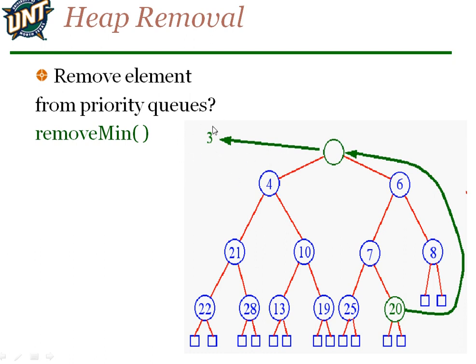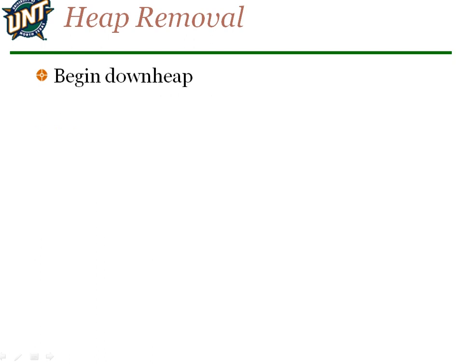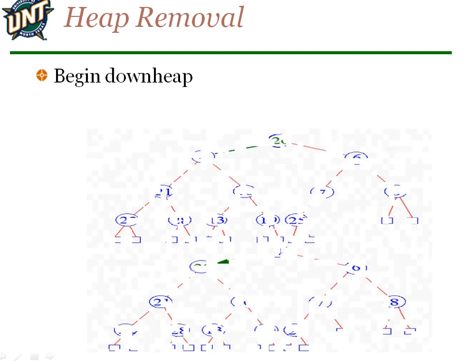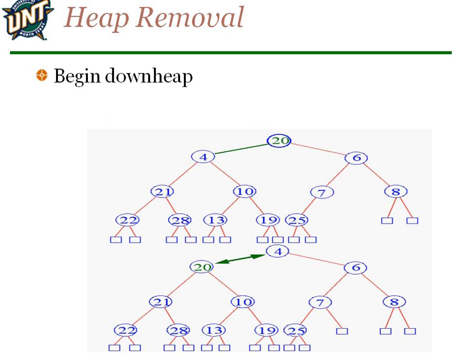After removing this element, the tree will become unbalanced. So then we begin with the down heap here.